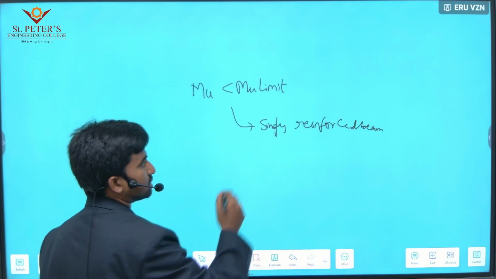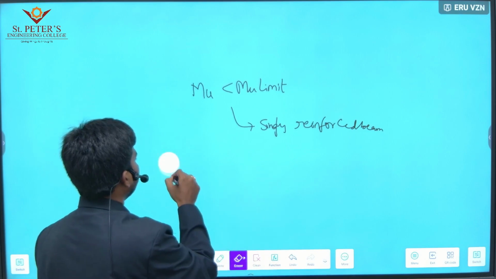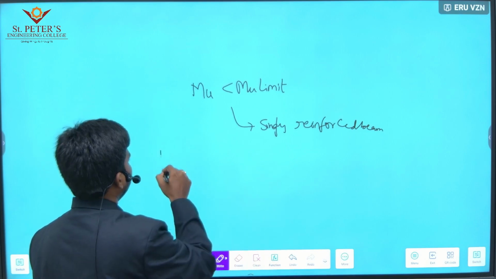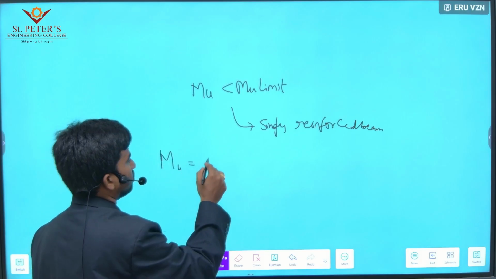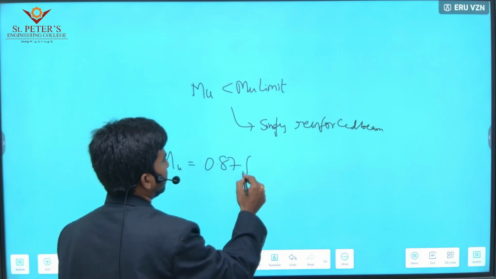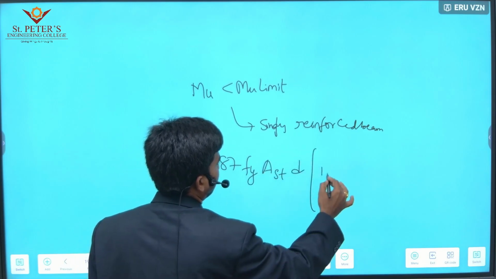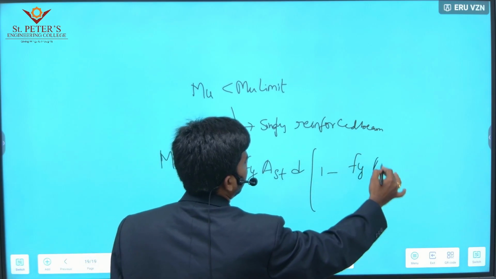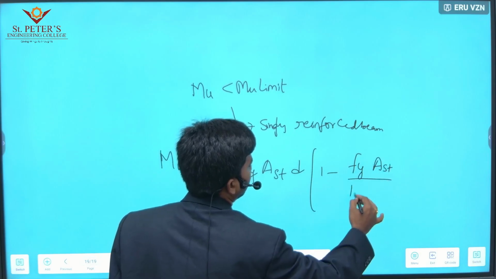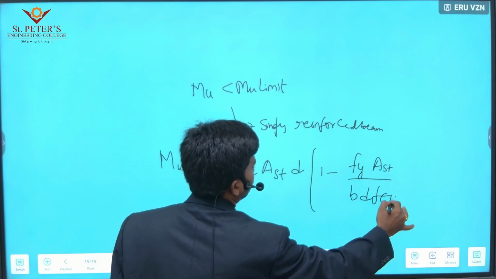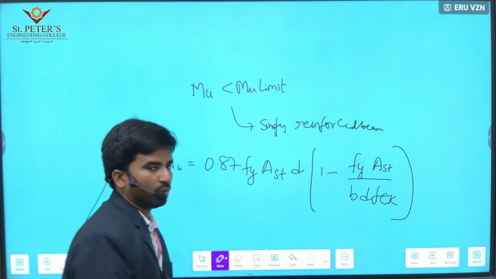We are taking this Mu less than Mu limit. And next, the moment formula: Mu equals 0.87 fy Ast d, times 1 minus fy Ast by b d fck, and this is the moment formula.